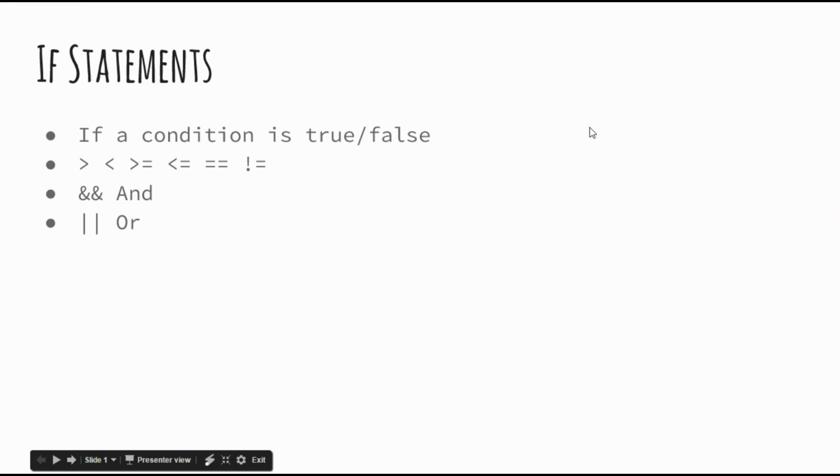But let's pause here for a moment and talk about if statements, as they are one of the main principles in Java and are pretty much needed for everything you want to build, which is more than a hello world. With the help of the if statement, we can check if a certain condition is true or false, or if a value is larger, smaller, larger and equal, smaller and equal, equal or not equal to another value.